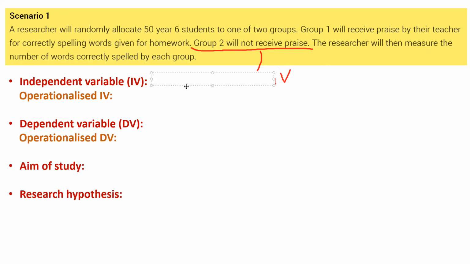Make that a bit smaller. So praise. Oops. Oh my God, everything just froze. Hold on. Okay, let's do that again. So amount, or let's make it more specific, whether or not praise was received.